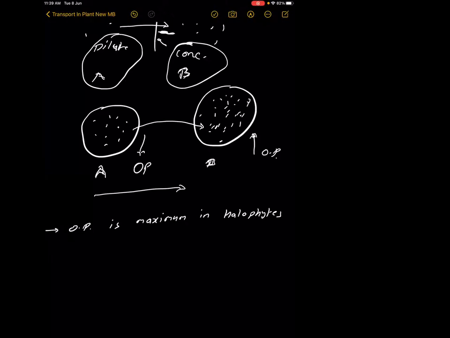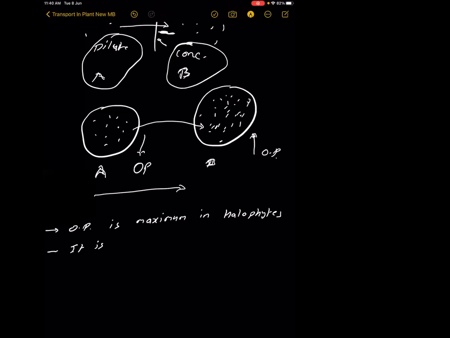So they maintain that concentration in their cell by storing more salts. They maintain that equilibrium. So they are called halophytes. So osmotic pressure is maximum in halophytes.